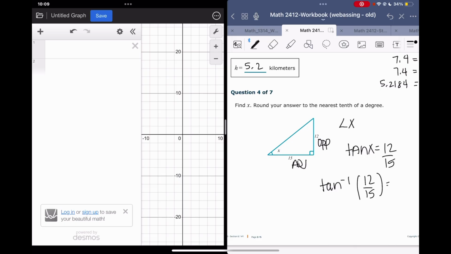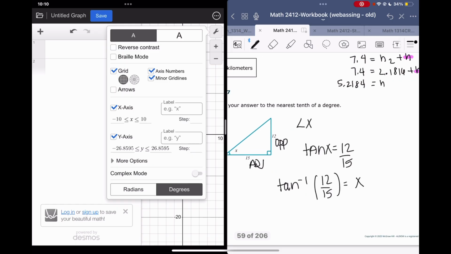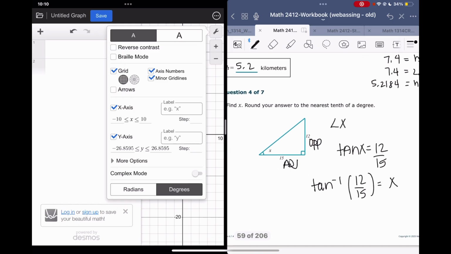Now in tutoring, what we've been doing is using Desmos. Just to change it up, we're going to use Desmos for a couple of these problems, and then we'll go back to the 84. So when you go to the tool button here, we want to make sure we're in degrees, the way it says in our problem here, right? It says degree. So let's highlight that.